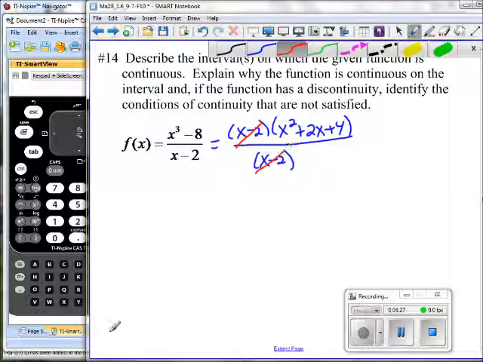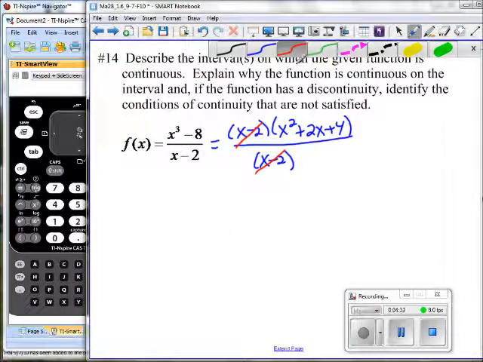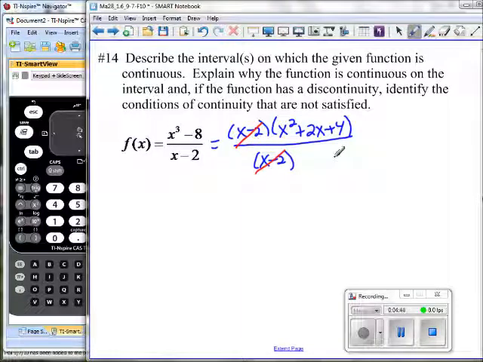And I can cancel those factors. Now, does that mean then that the function is continuous? I've rewritten it. I've gotten it into something that doesn't have the denominator anymore. So is f of x still discontinuous at x equaling 2? Yeah. If it's not still defined there, is it a vertical asymptote?